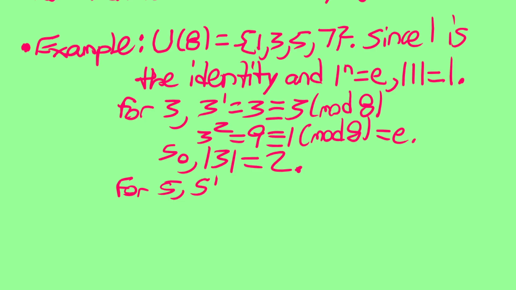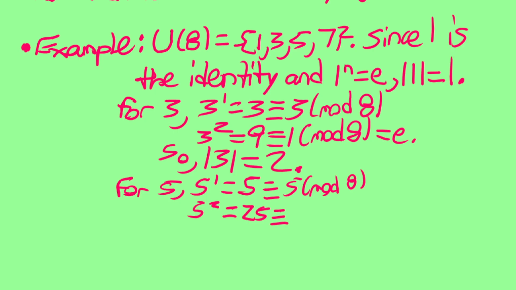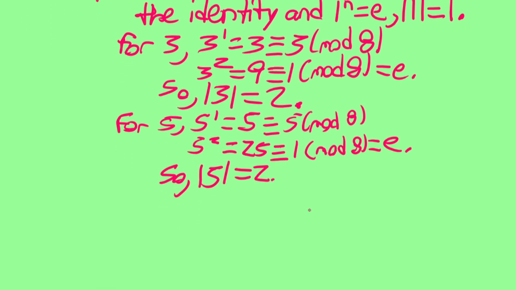And then let's look at 5. We have 5 raised to the 1 is 5, which is congruent to 5 modulus 8. But then 5 squared is 25, which is congruent to 1 modulus 8, which is the identity element. So the order of 5 would be 2.